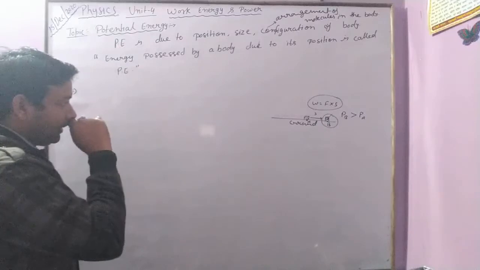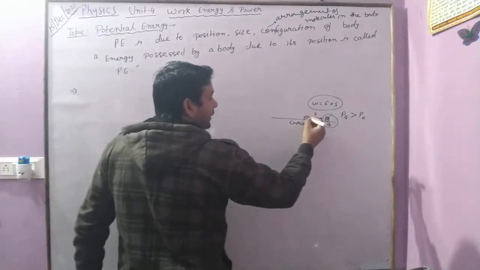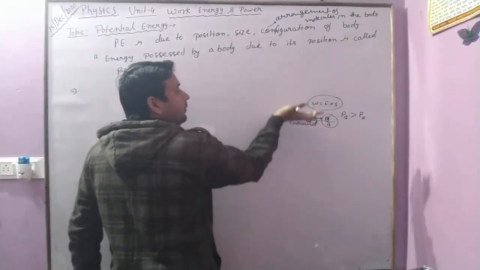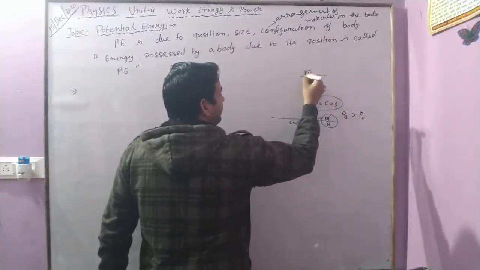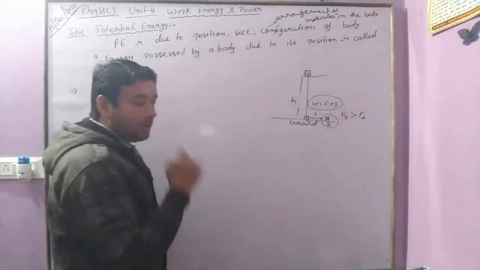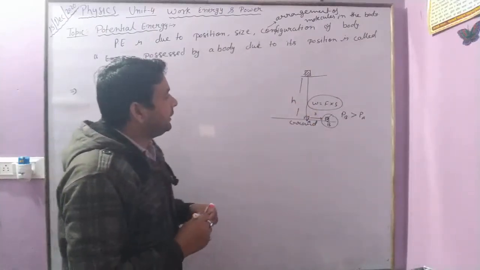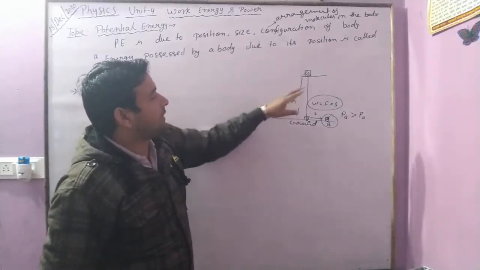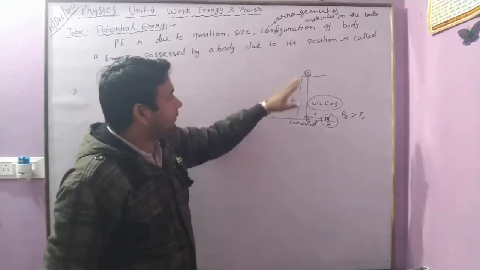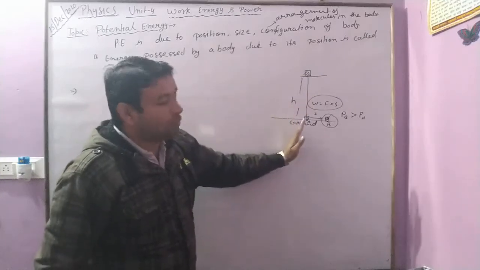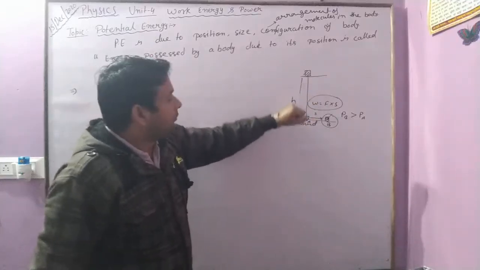Now secondly, if the body is placed at a height, let's say height h, then for displacing it by a distance h and placing it at a higher level, we need to do work against the weight of the body.